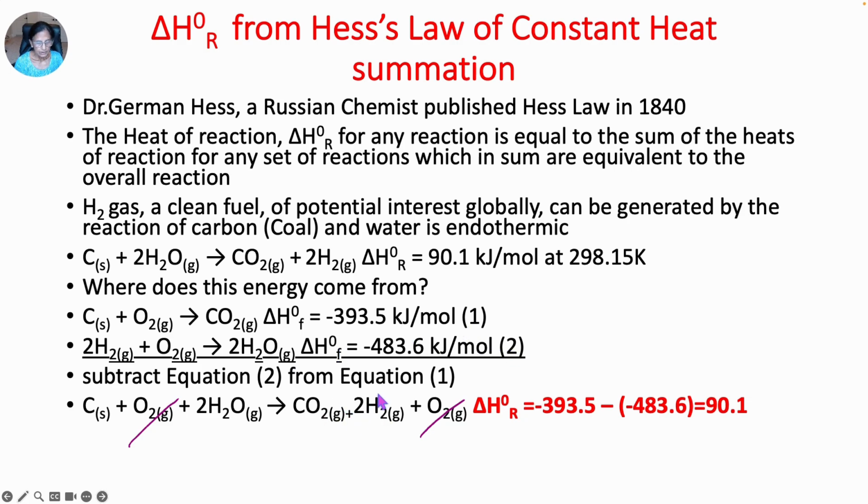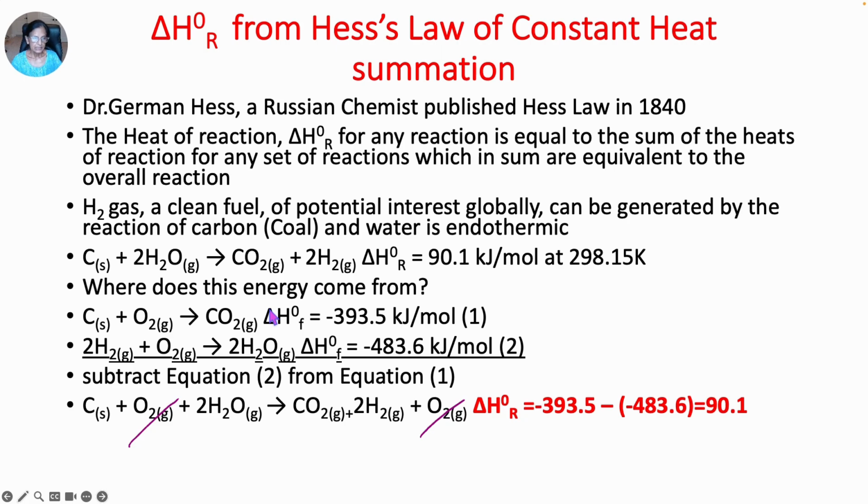So plus 2H2 gas and oxygen gas. Now oxygen is there on both sides. Oxygen on the reactant side and oxygen on the product side gets cancelled. Now we have arrived at our original equation. See, carbon solid plus 2H2O gas gives carbon dioxide gas plus 2H2 gas. We have arrived at this equation with the help of these two equations.